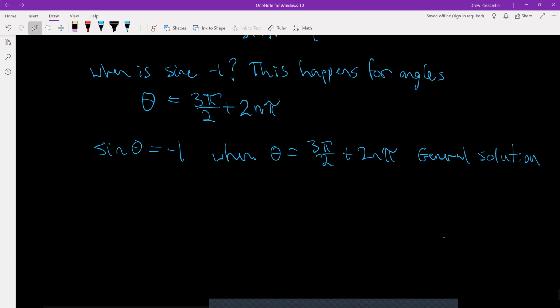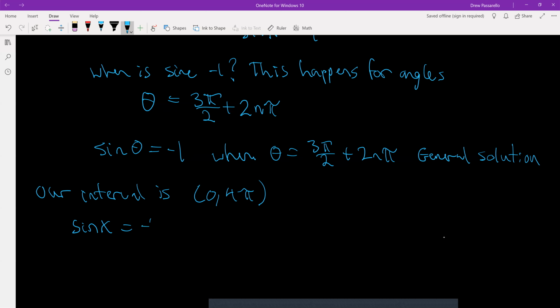Now our interval is 0 to 4 pi, so we can narrow this down to a specific solution. The specific solution for when sine of x equals negative 1 is when x is, obviously, 3 pi over 2, that's between 0 and 2 pi.